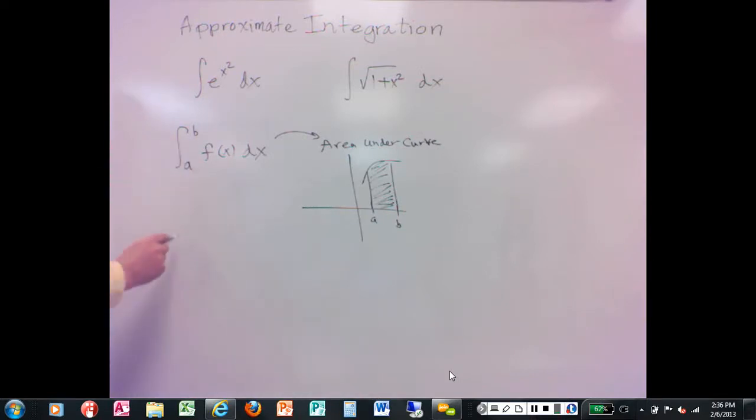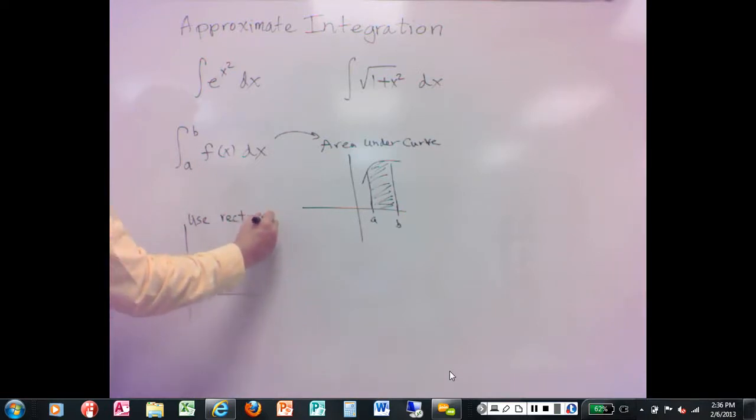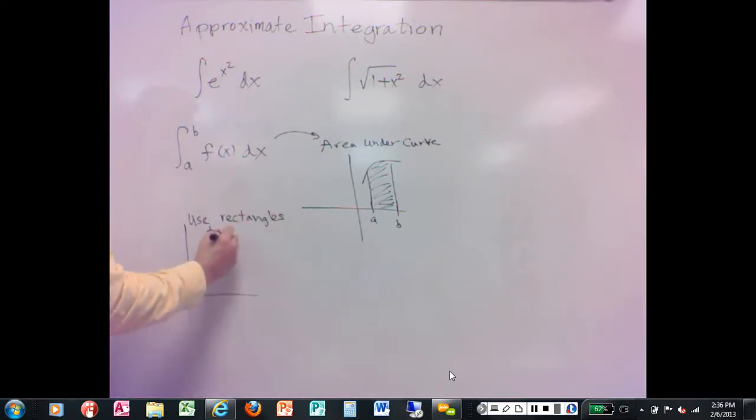Previously, on this same channel, we approximated using rectangles. That's one form of approximation.